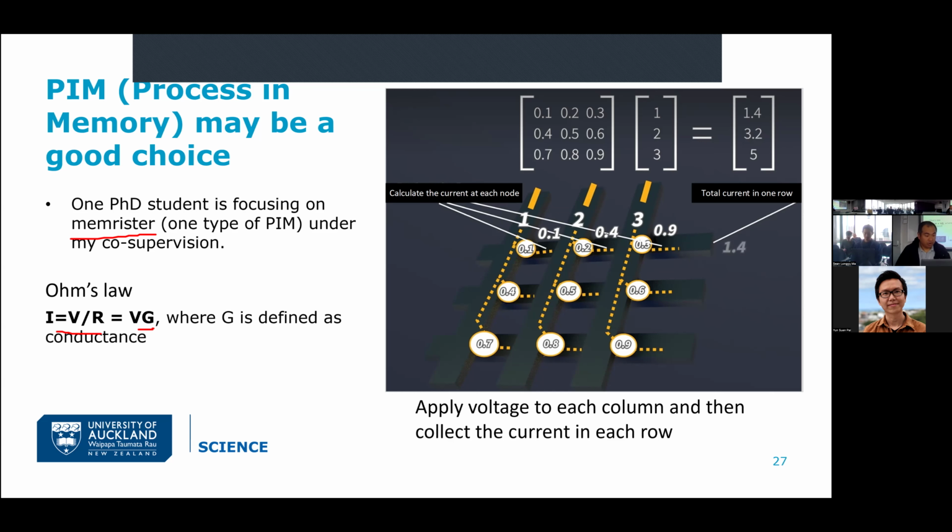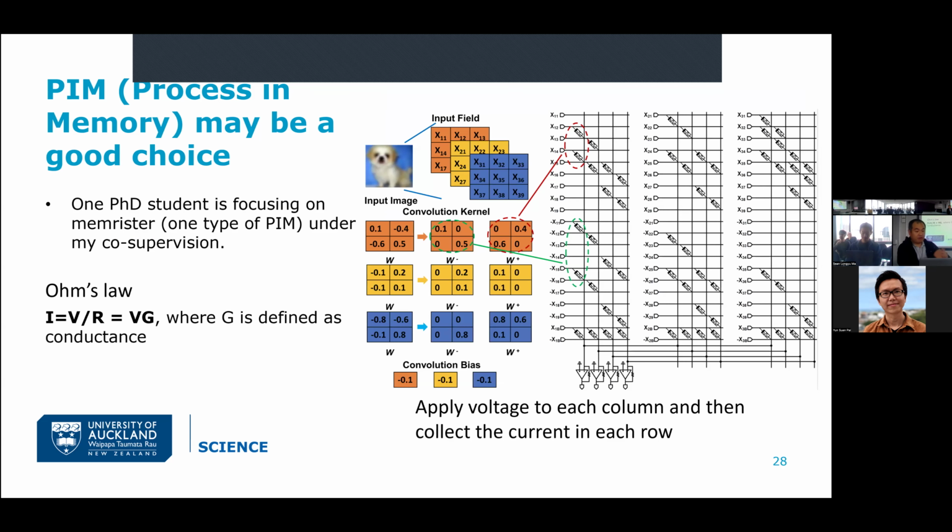Now we run matrix multiplication operations like here, and it can be done by applying the voltage to each of the columns and then collecting the current in each row. Each of the nodes has its own resistance, or rather the opposite of resistance, which we call the conductance. By building this kind of circuit, we can easily do these multiplications.